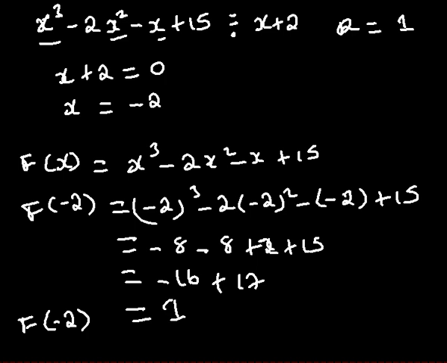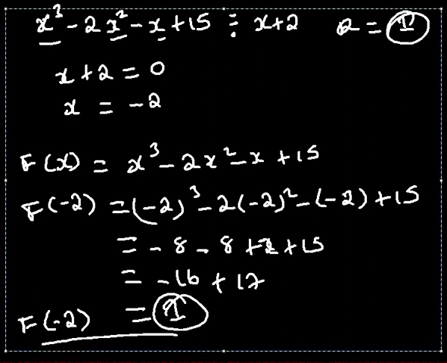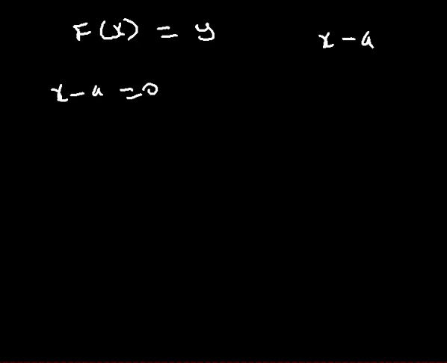You can see that this positive 1 is the same as the remainder. This is what we call the remainder theorem. In all cases, what it means is that if we have a function f of x and a divisor x minus a, then x minus a equal to 0 means x is equal to a.